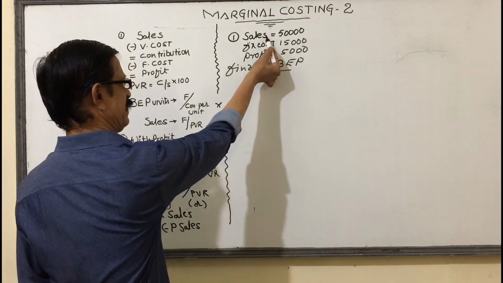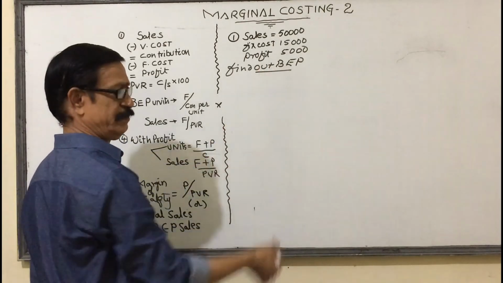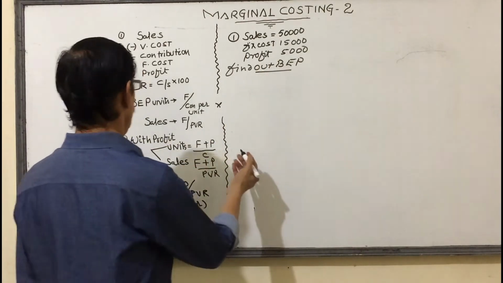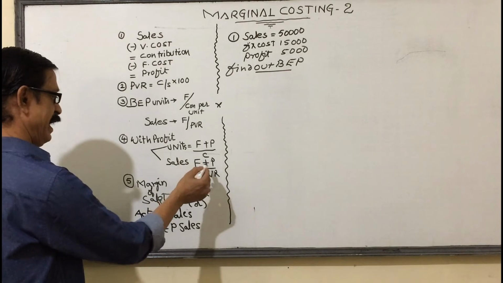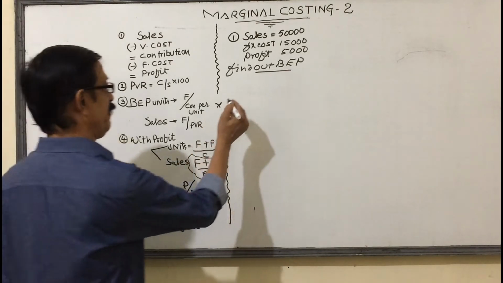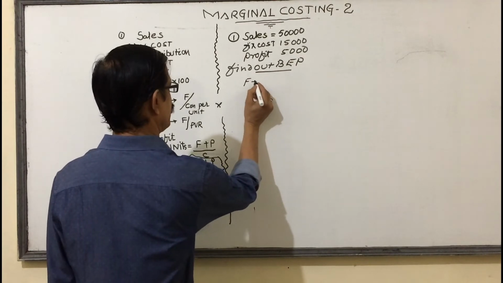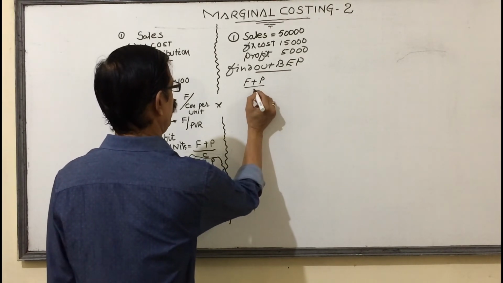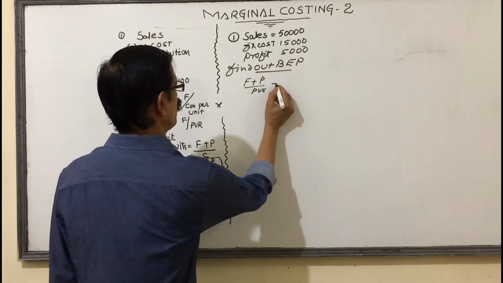In this sales, profit is already there. So, you can go through this formula F plus P by PVR, that is equal to sales.